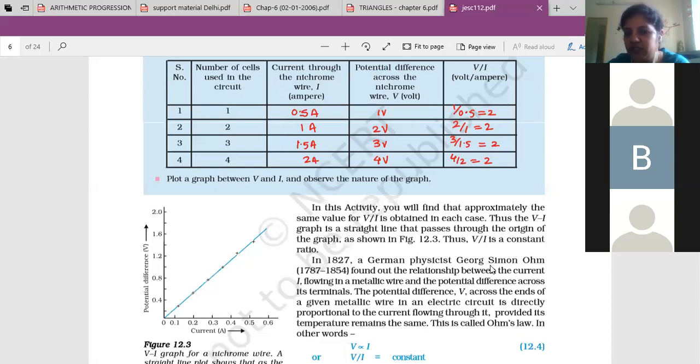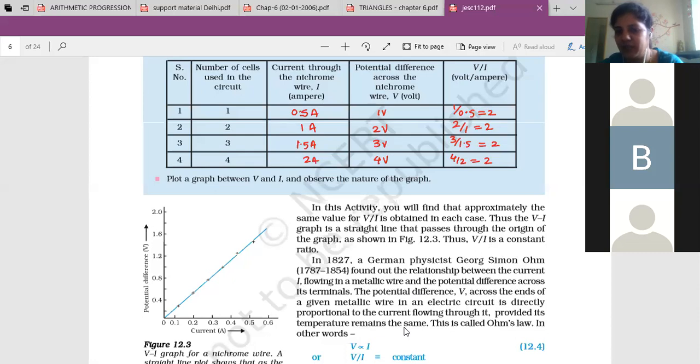German physicist Georg Simon Ohm found out the relation between the current I flowing in the metallic wire and the potential difference across its terminals. The potential difference V across the ends of a given metallic wire in an electric circuit is directly proportional to the current flowing through it, provided its temperature remains the same.